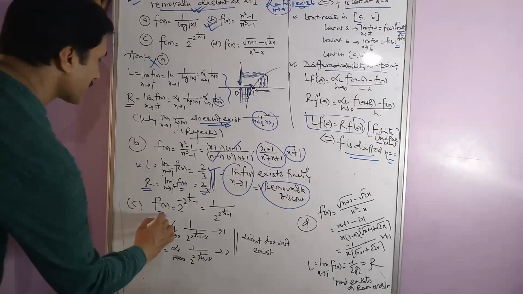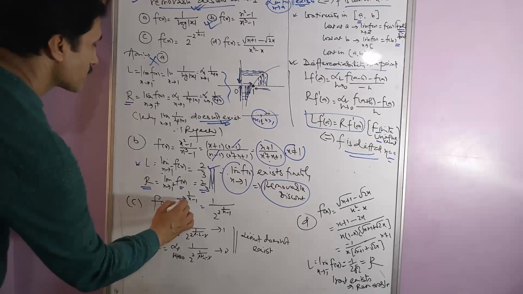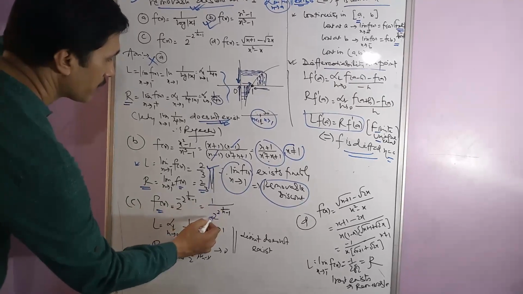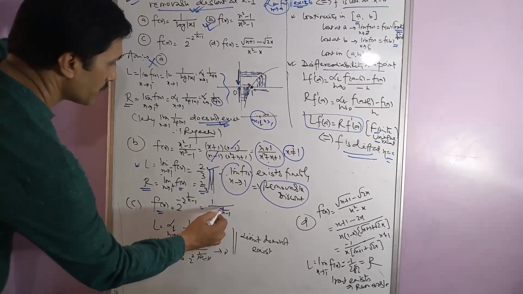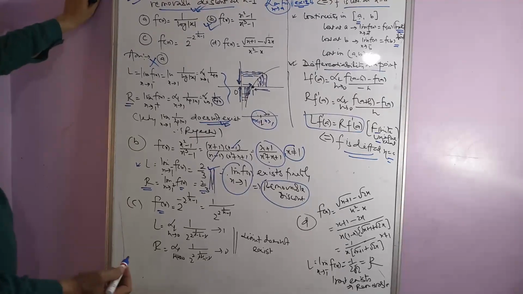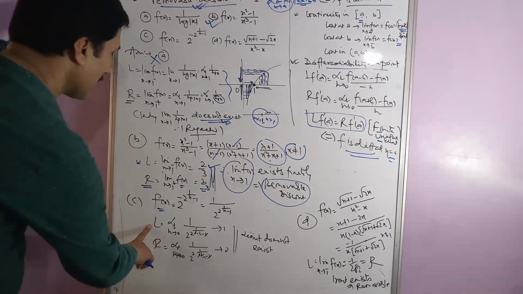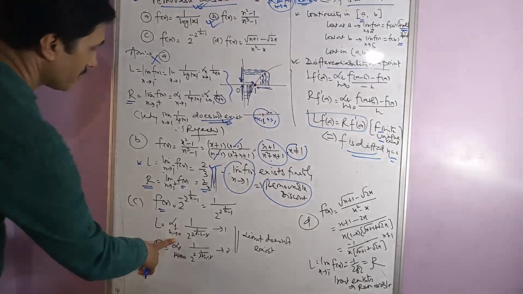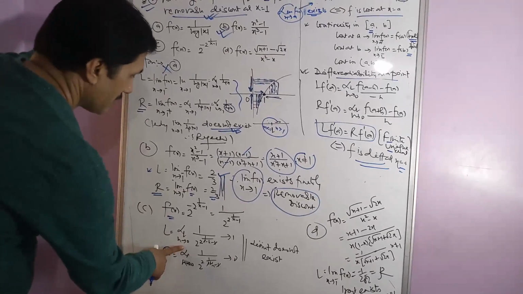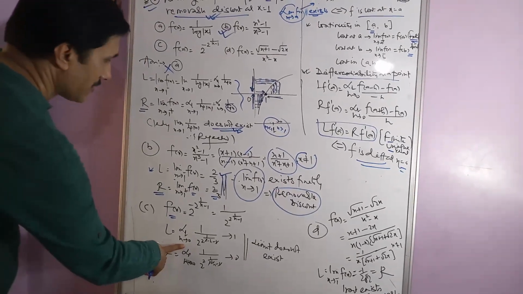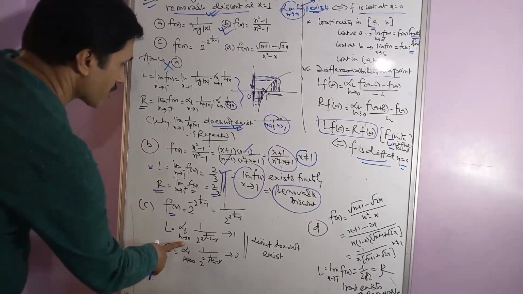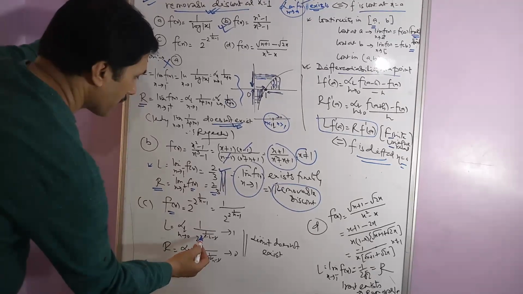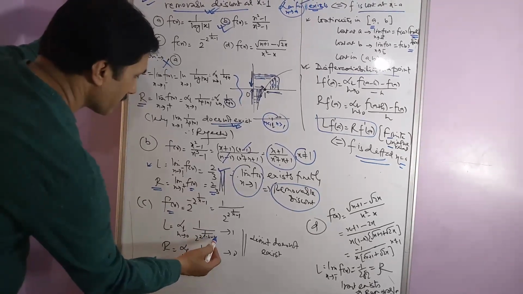Third case: f(x) equals 2 to the power minus 2 to the power 1 upon x minus 1. We write it as 1 upon 2 to the power 2 to the power 1 upon x minus 1. Here for the left hand limit, h tends to 0, we write 1 minus h in place of x, giving 1 upon 2 to the power 2 to the power 1 upon (1 minus h minus 1).